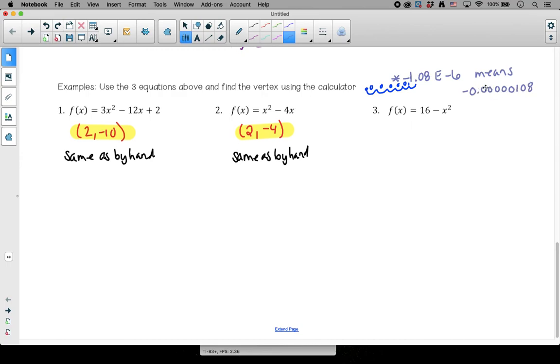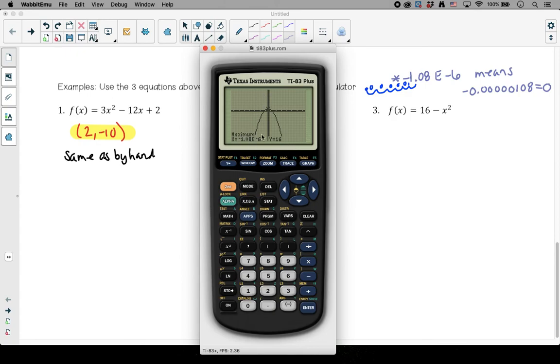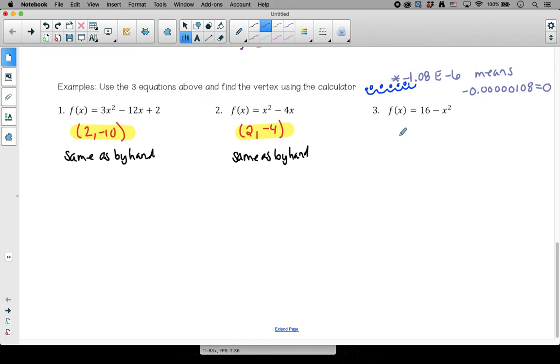So if we were to round this to the nearest hundredth, that'd be negative 0, which is just 0. So this really just equals 0. That x value is actually at 0, and the y value is at 16. So our vertex was at 0, 16.